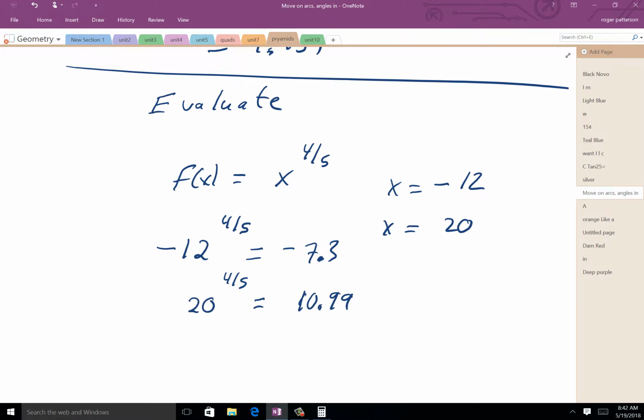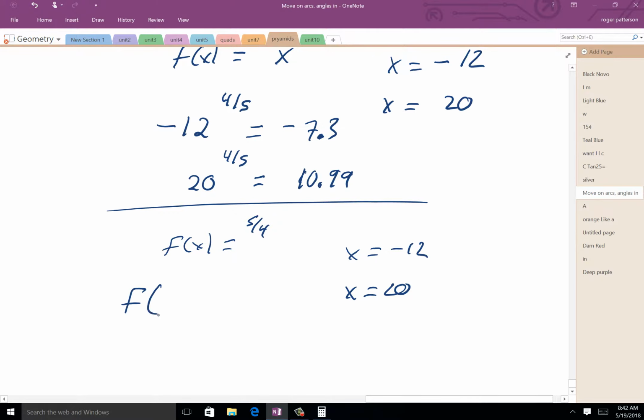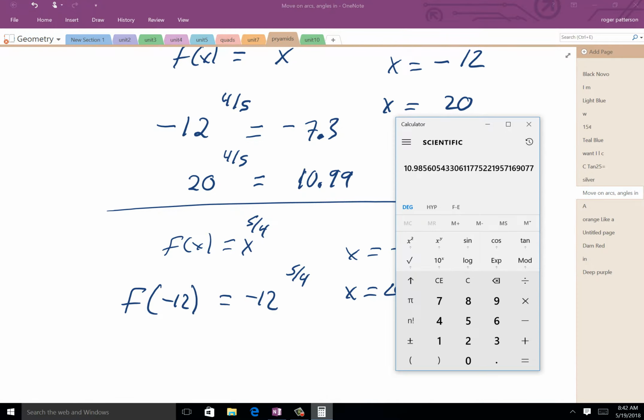So when wouldn't it work? Well, let's say we have f of x. Let's go to 5/4 this time, so we'll just kind of flip it. And we'll let x equal the same numbers. Why not? So when I try this, let's see if this works in here.